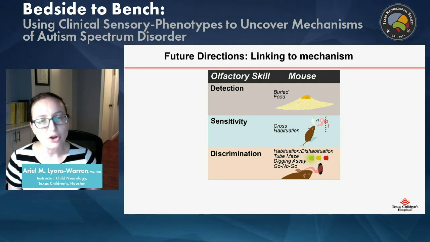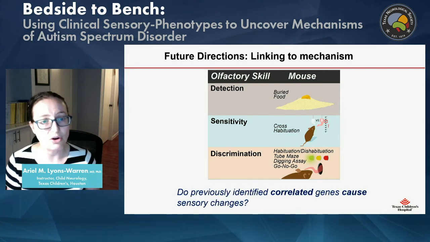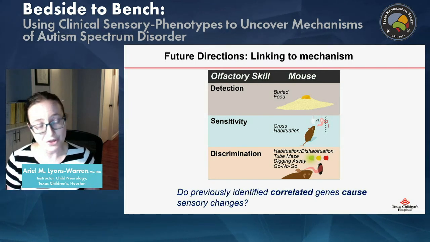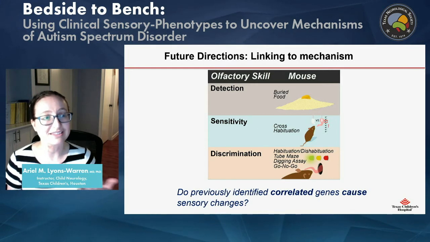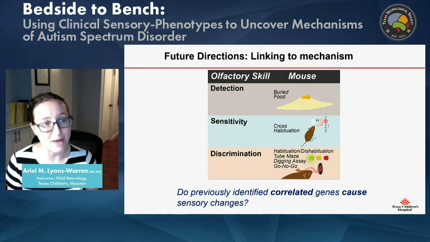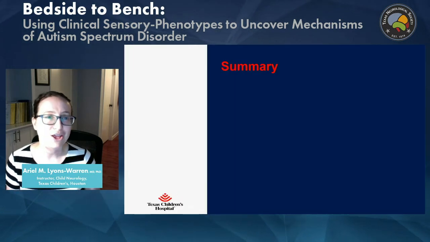And so here, we want to take the genetic variants that we identify in our clinical cohorts, put them into mouse models, and then see if we can replicate the sensory features that we see in the clinical population to understand if those correlated genes are causative of the sensory changes.